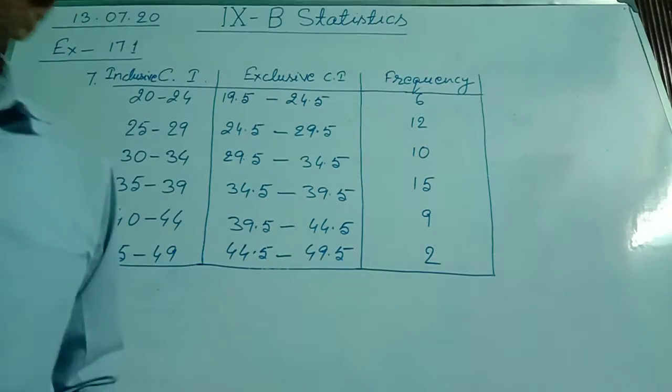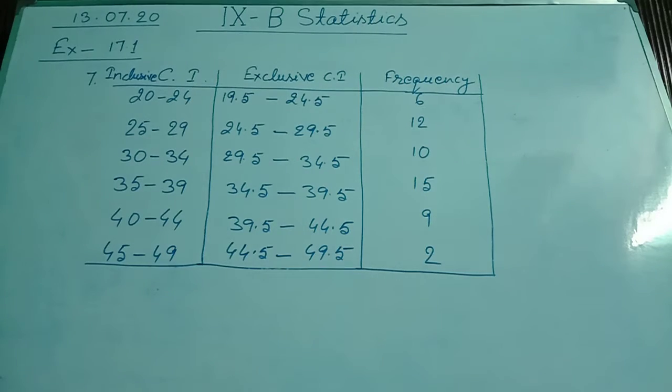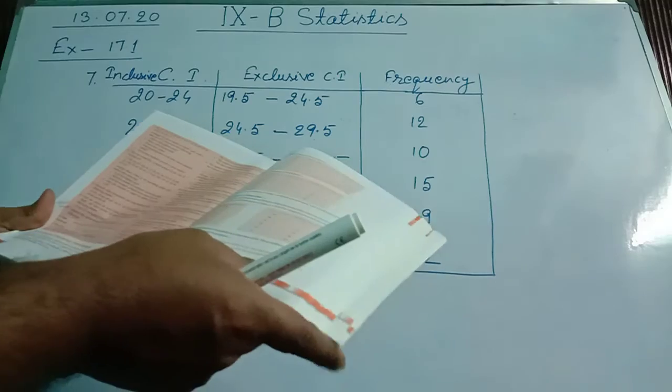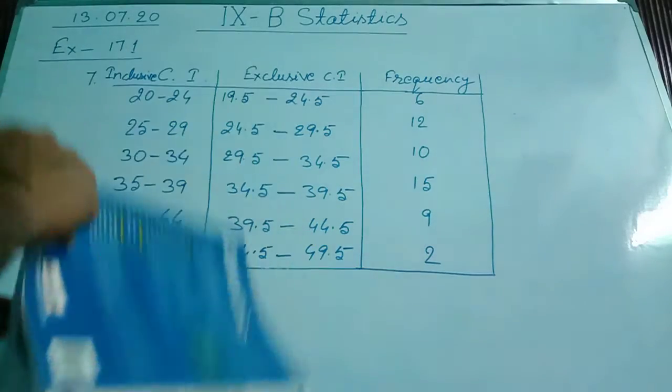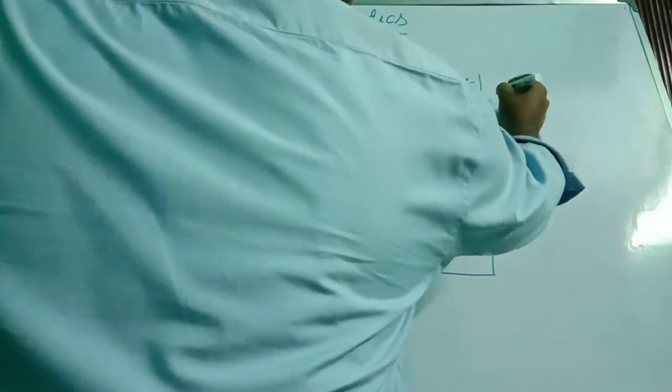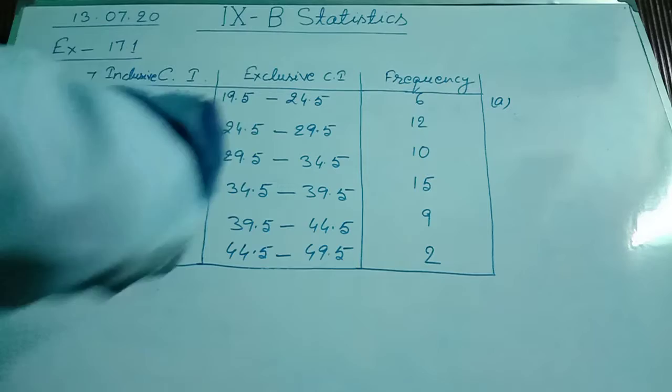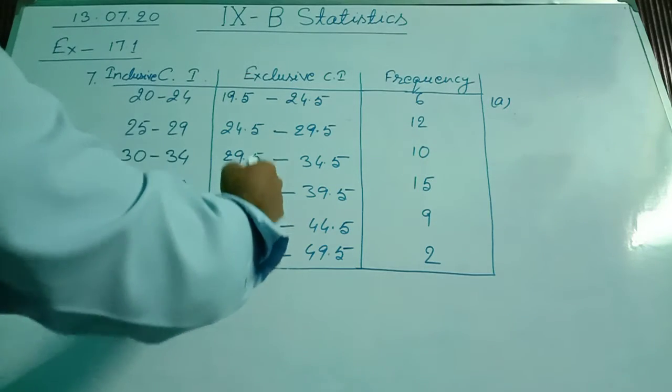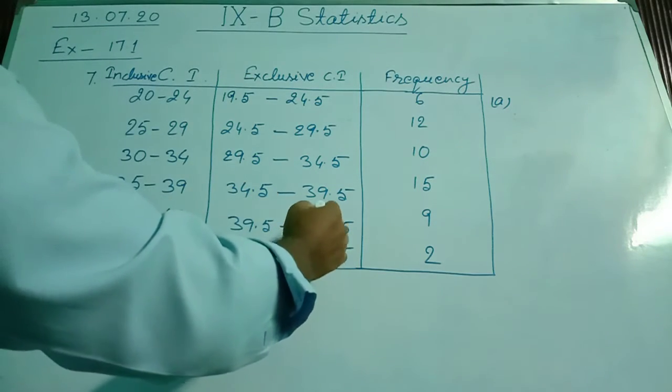Now let us see the questions. The first question, 7A, is the true class limits of the 5th class. 1, 2, 3, 4, 5th. This is the 5th class, true class limits.